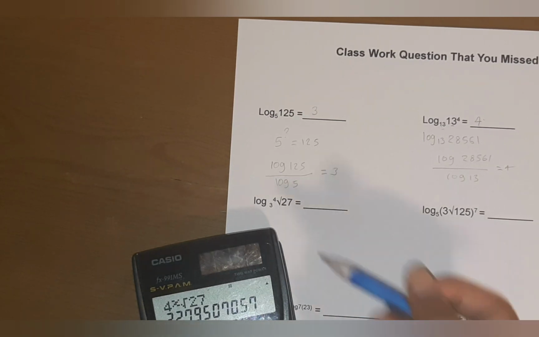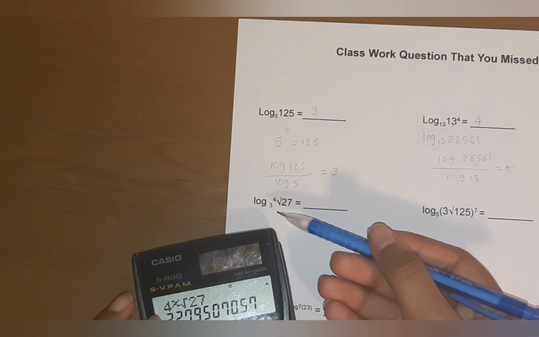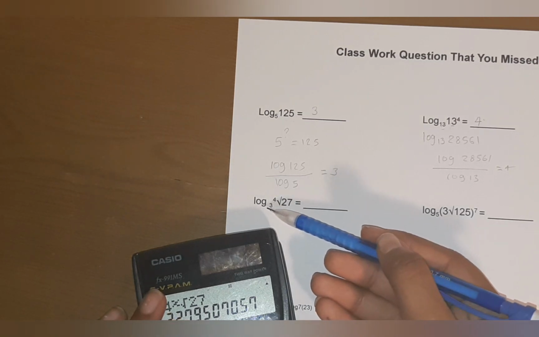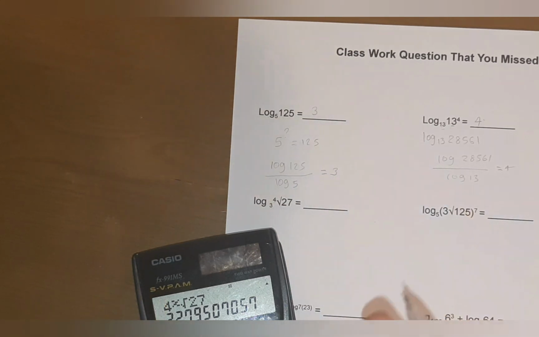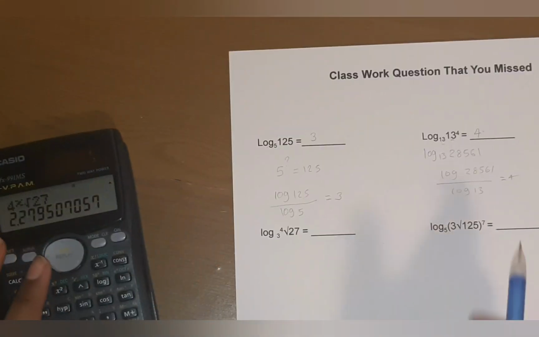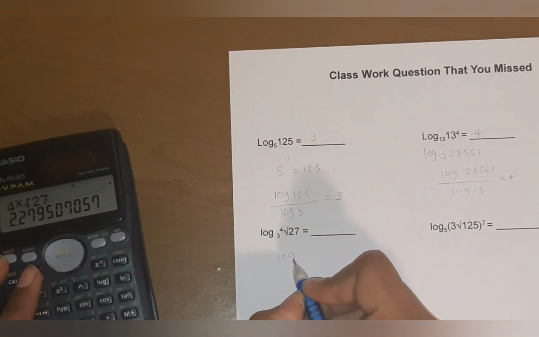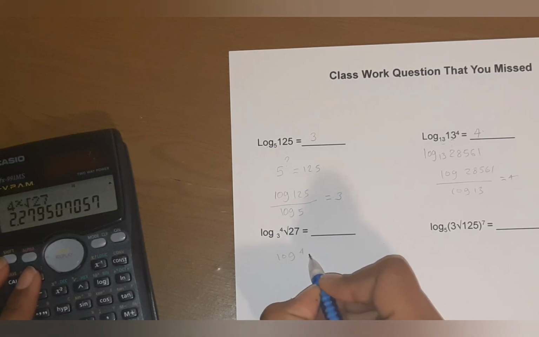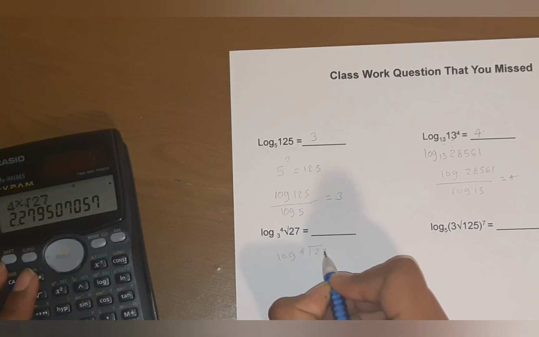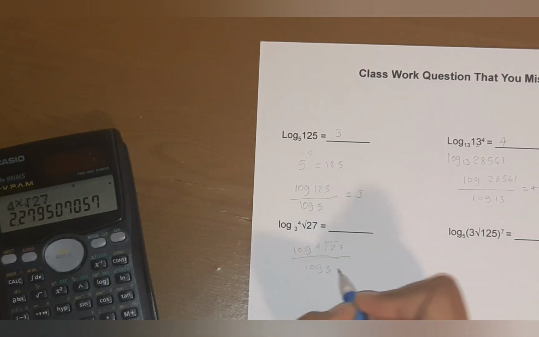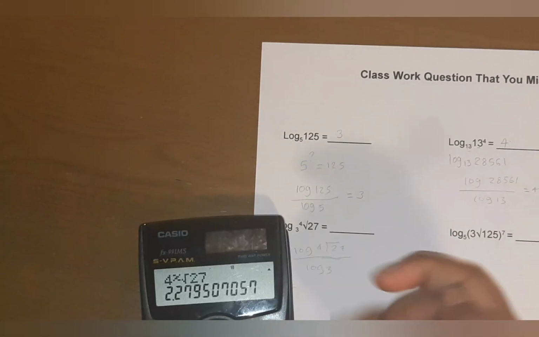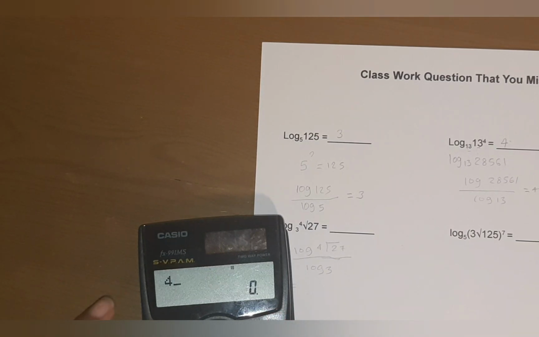Yeah. So in this scenario, I just use this number and plug it in with log all at once on my calculator. So log of the 4th root of 27, divided by log of 3.